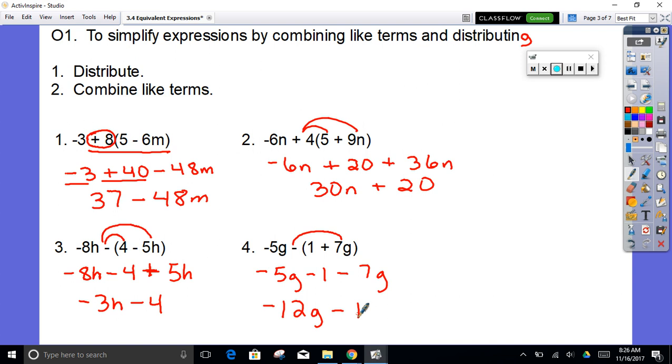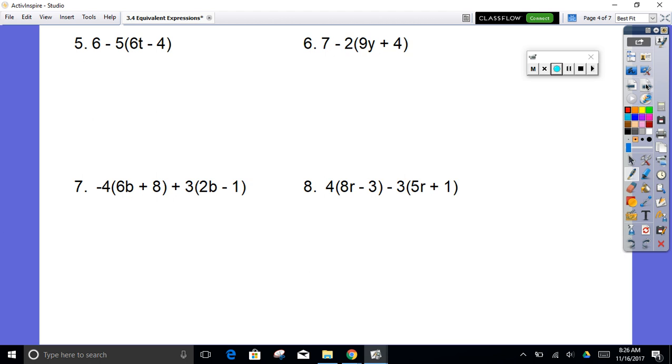Okay, any questions about any of that so far? Okay, continuing on. Number 5, we have subtraction before the constant 5 that's in front of the parentheses. When we distribute this, we need to think about this negative sign as belonging to the 5. So we don't need to rewrite it, but in your heads you're thinking, oh, this is 6 plus a negative 5.